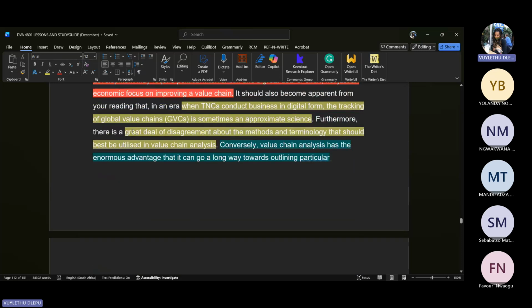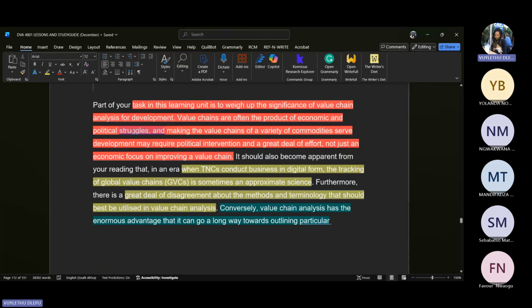Now, the next section of your study guide is part of your task in this learning unit is to weigh up the significance of value chain analysis for development. Value chains are often the product of economic and political struggles, and making the value chains of a variety of commodities serve development may require political intervention and a great deal of effort, not just an economic focus on improving a value chain.